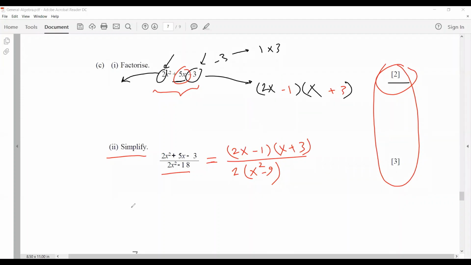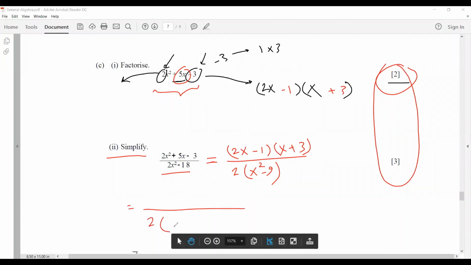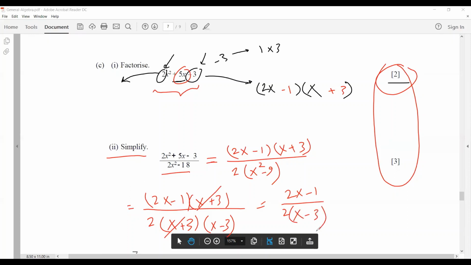And that means this can be simplified as x minus 3 or x plus 3. The order doesn't matter. The other one should be negative. So 2x minus 1 and x plus 3. So x plus 3 is gone, right? And you're left with 2x minus 1 over 2 times x minus 3, right? As simple as that, and we're done.